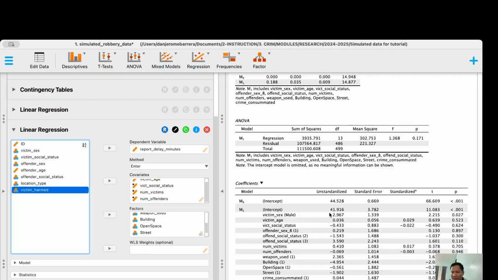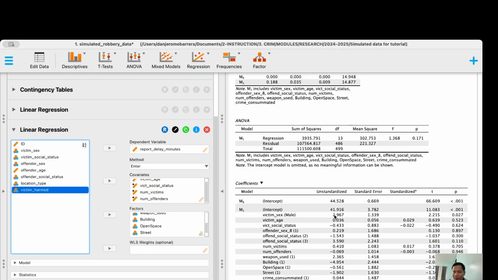Only victim's sex is significantly related with the delay in reporting. The relationship is positive, which means that if the victim is male, reporting delay is increased compared to when the victim is female.